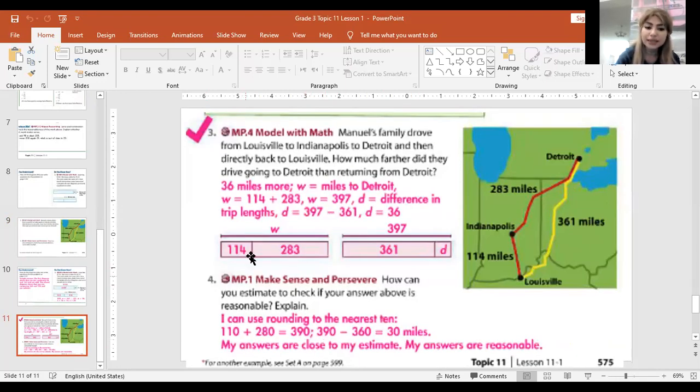So we round 114 to 110 because 4 is a weak number, plus 283 rounded to 280. 110 plus 280 equals 390. 390 minus the rounded 361, which is 360, equals 30 miles. So the answer is close to the estimate as the answer is 36. So the answer is reasonable.